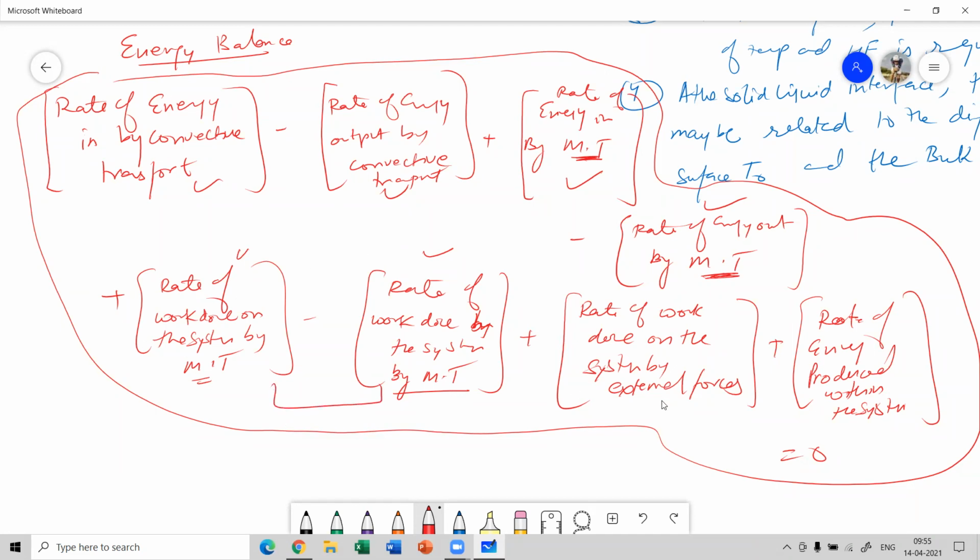So that will be over here. Further, if there is some external radiation or some sort of a convection part is occurring, what work is done by the system or on the system by the external forces will be considered over here. And if there is some energy being produced or generated within the system, that will be covered over here. So this entire equation basically represents your energy balance.